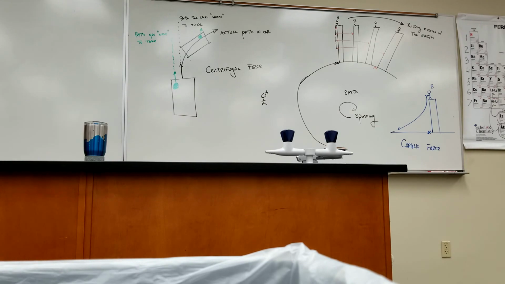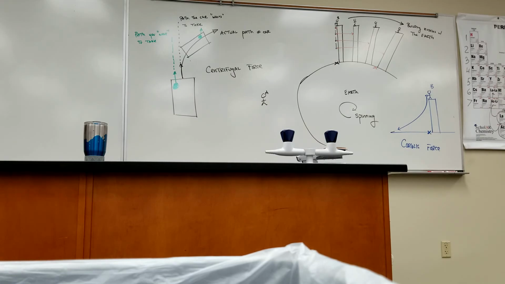So the bottom part of the hurricane is moving to the left. The top part of the hurricane is moving to the left. What's important, though, to understand is that every point on the Earth has to complete one revolution in the same amount of time, one day. Whether you're near the pole or near the equator, you have to travel in one full circle in a day.